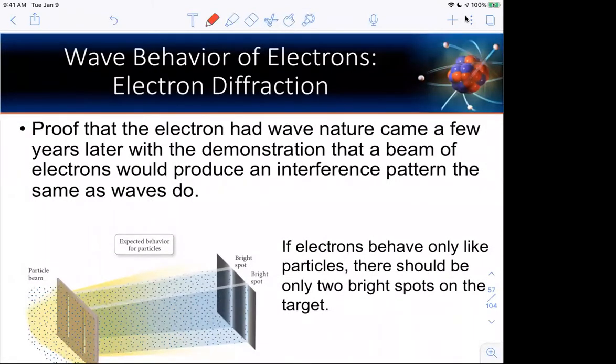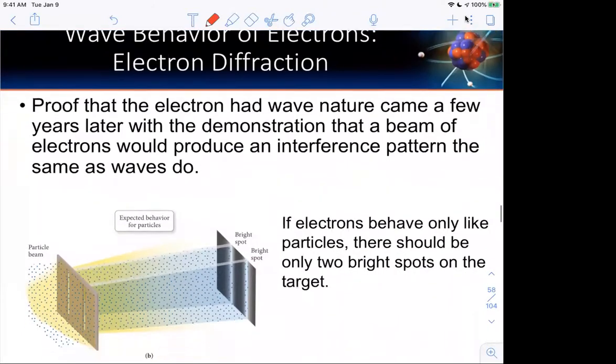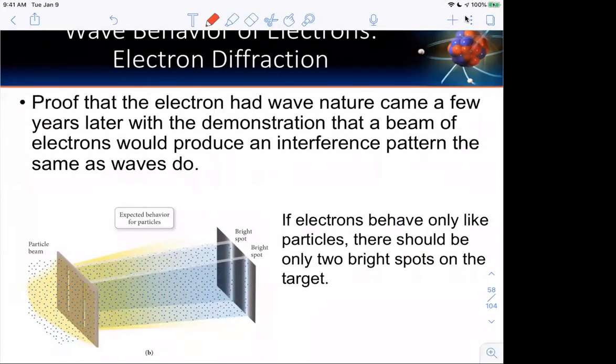Now here's the problem. This is what was expected to happen because my electrons are particles. If my electrons are particles, they don't diffract and they're going to go straight through those two slits and they're going to only produce two spots.